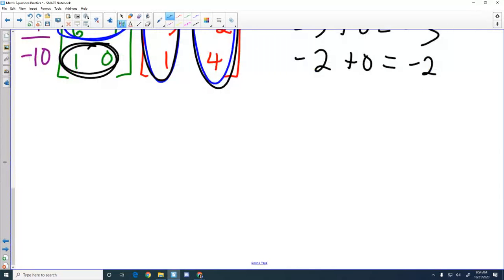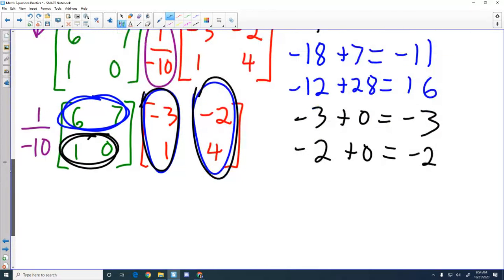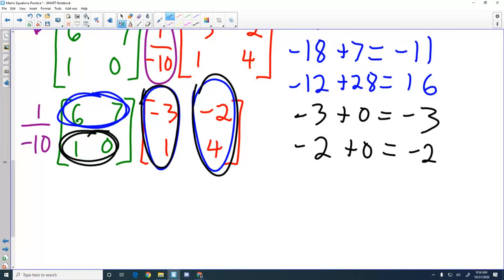So those are our 4 elements that we get by multiplying the two matrices. Remember, we still have the fraction, the negative 1/10. But now we've got these 4 elements from the multiplication: negative 11, positive 16, negative 3, and negative 2.